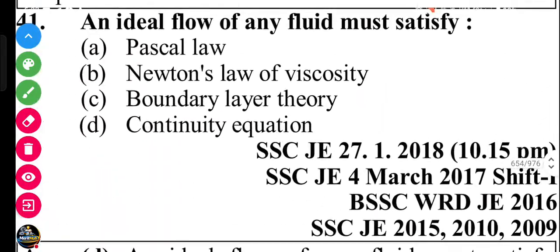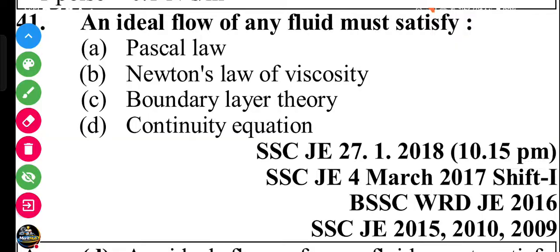Next question, question number 41. An ideal flow of any fluid must satisfy Pascal's law, Newton's law of viscosity, boundary layer theory, or the continuity equation.